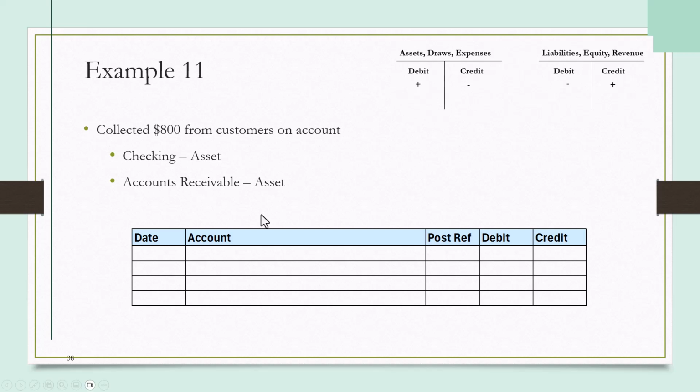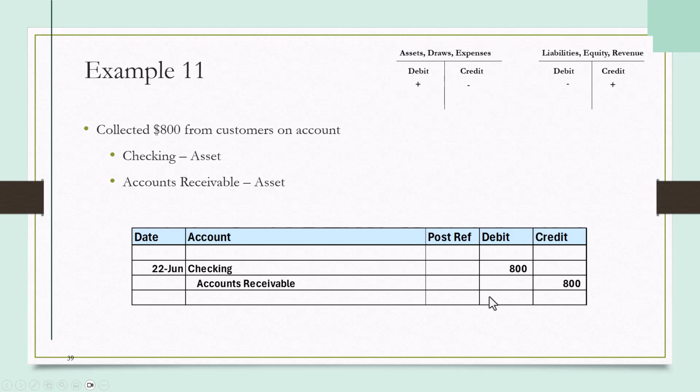So we are subtracting from an asset. That would be a credit. So credit accounts receivable. And then they're going to take the $800 and put it in the business checking account. That will add to the business's money, add to their checking account. So when we add to an asset, we do a debit. So this is what the entry would look like.